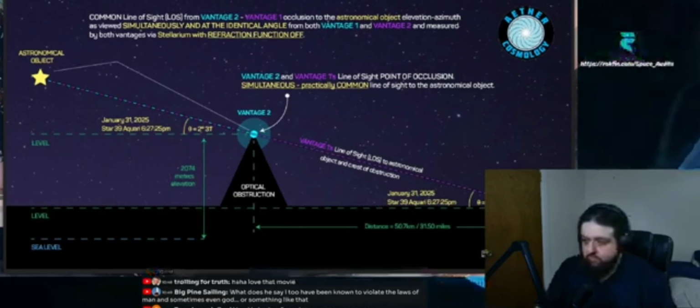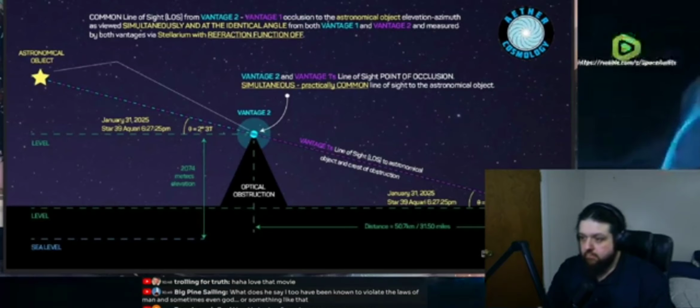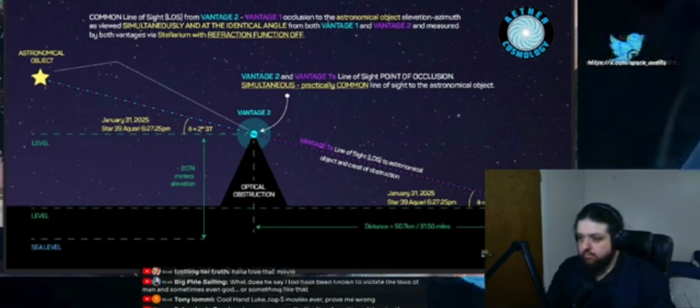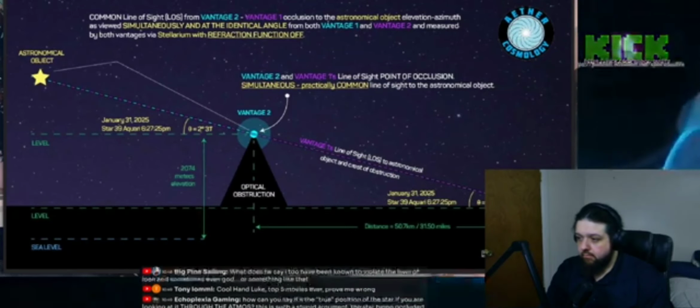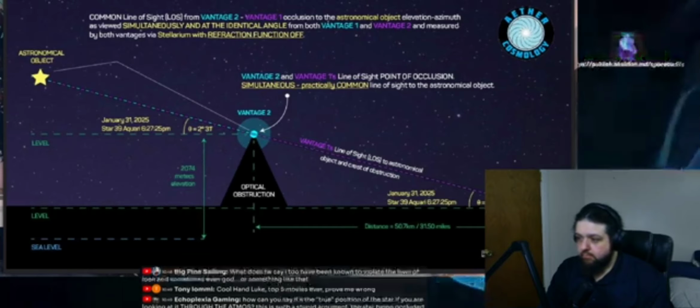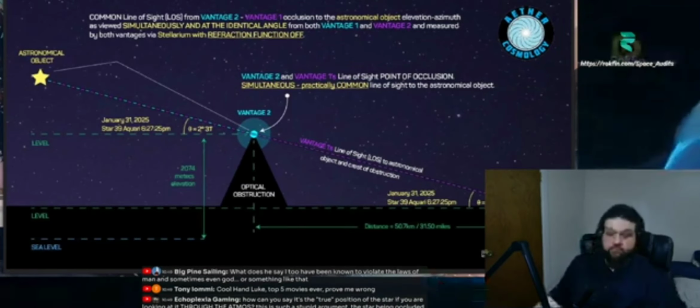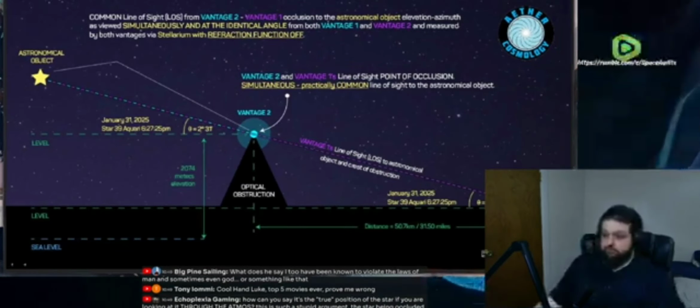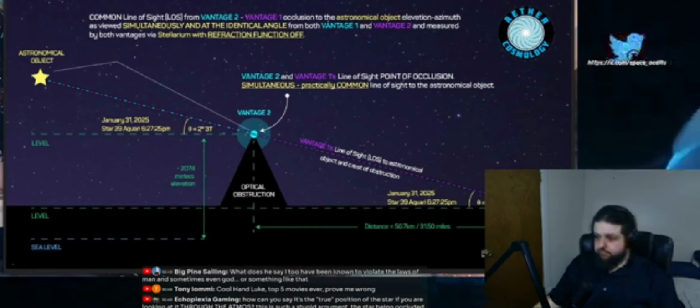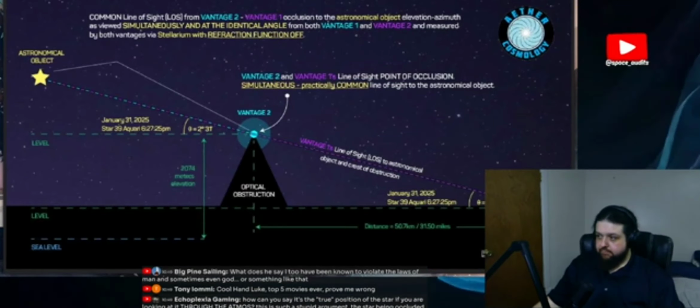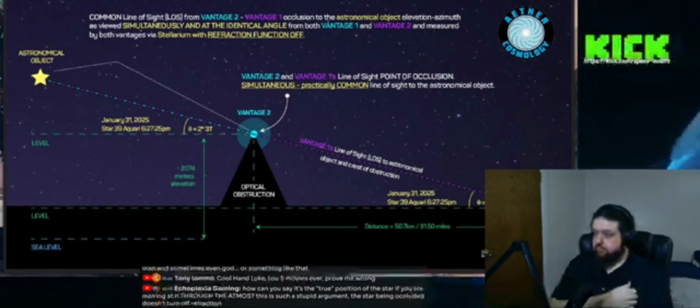But the mountain is physically at its true position of 217, which means the light from the star is coming in above the physical mountain. If this mountain is truly at 217 and the apparent position of the star is at 219, I don't care if this mountain's getting refracted to 350.